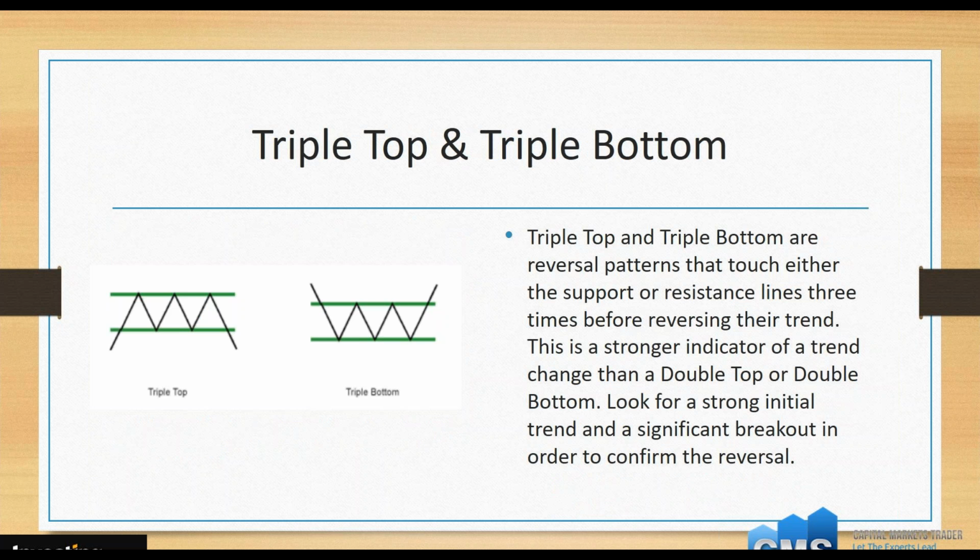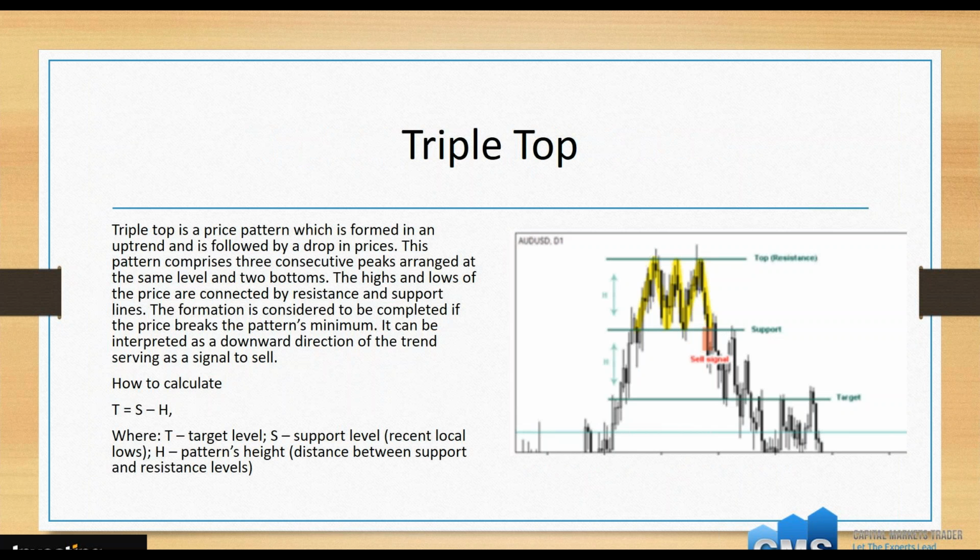When price moves up, bounces off support, bounces up to resistance, bounces up to support, bounces up to resistance again, it is most likely getting ready to break that movement. Now, it can break down or it can break up. But when you have a triple formation, it is becoming more reliable. All it did was take the double and move it one more step. And it becomes much more reliable.